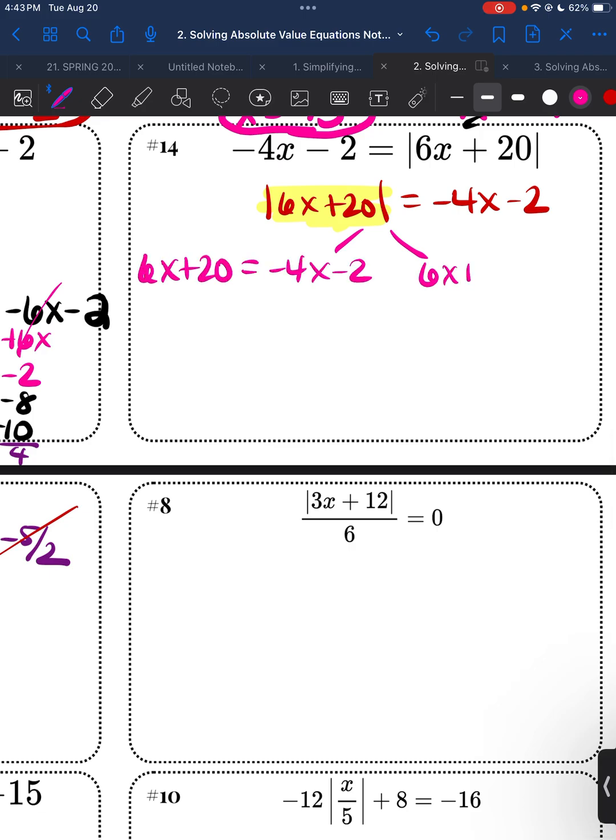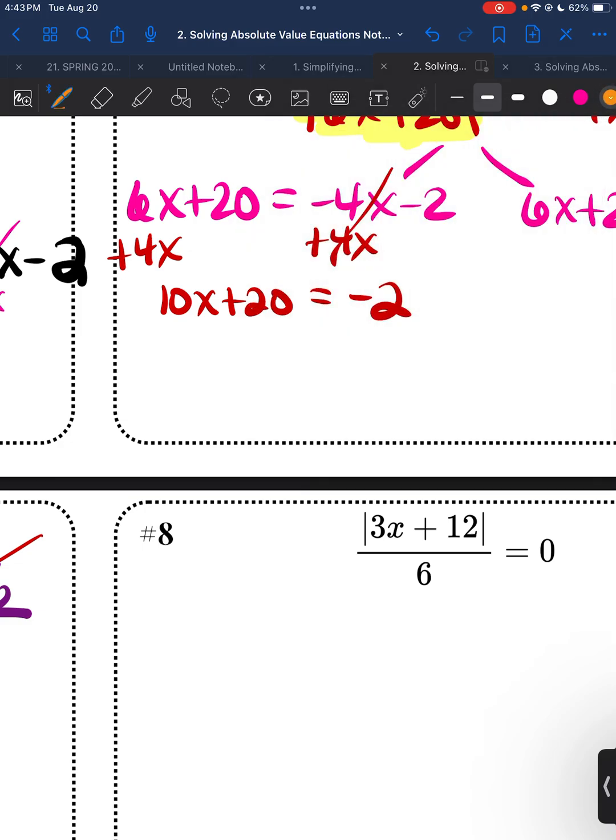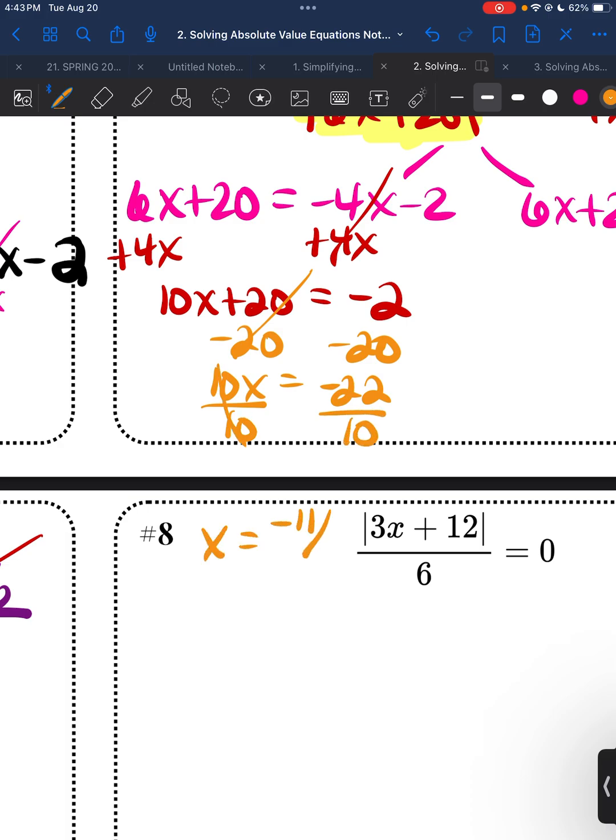And then on the right, the 4x will become positive. And then the 2 is going to become positive. And then we solve. So I'm going to do plus 4x. Then I'm going to do minus 20. And divide by 10. So I get x is equal to negative 11/5.